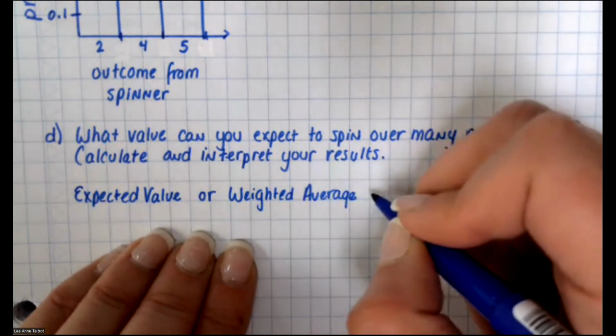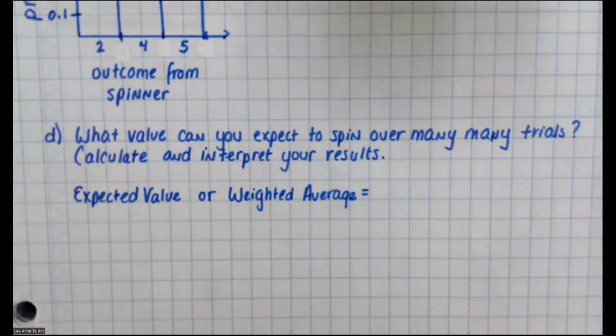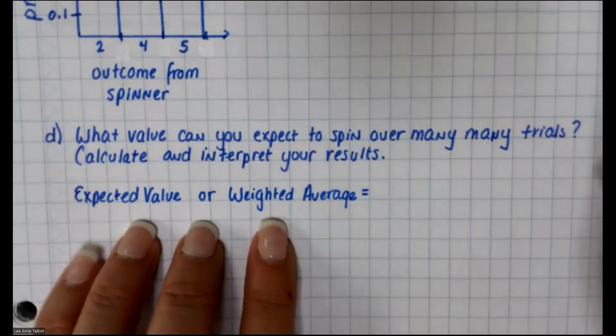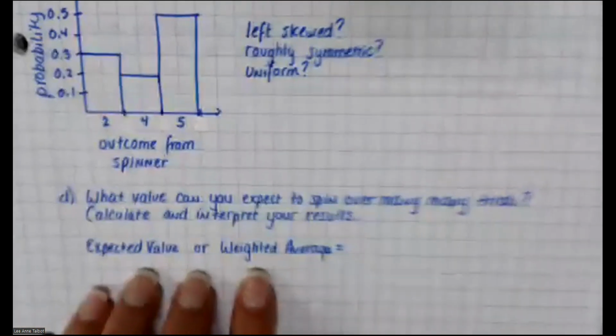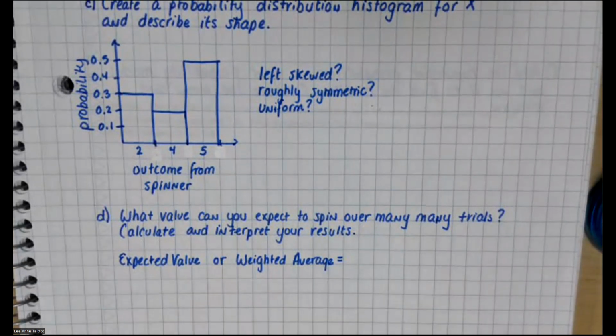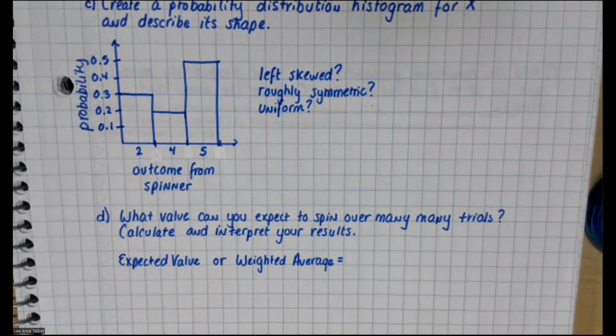So expected value or weighted average means it's just like finding your average. Either one, always either one.